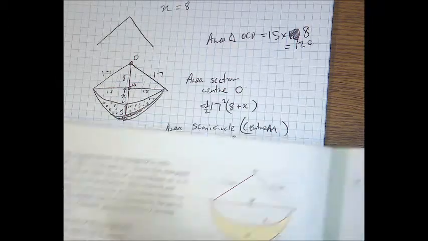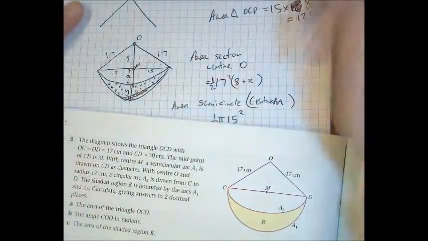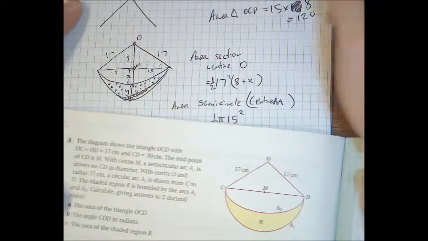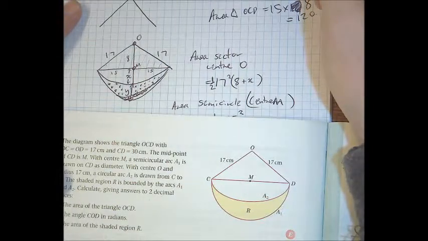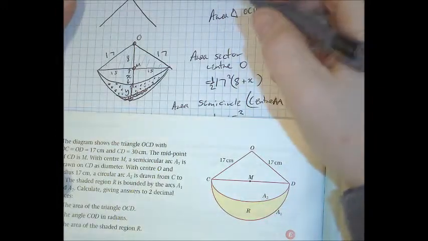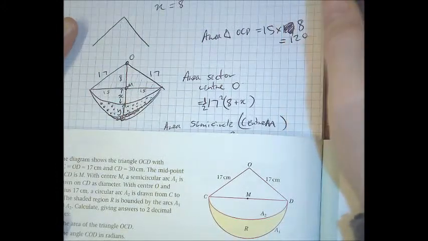Okay, well, here I'm going to use the principle that two different ways to work out the same thing have to give the same answer. The area of a triangle is half ab sine C. So we already know that the area is going to come out to be 120.